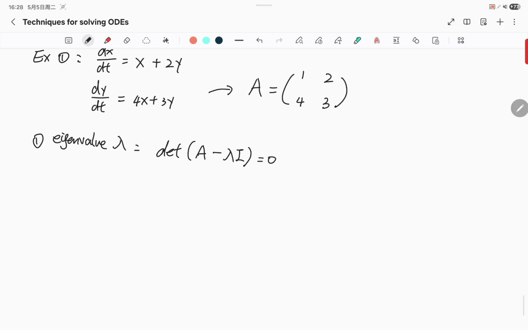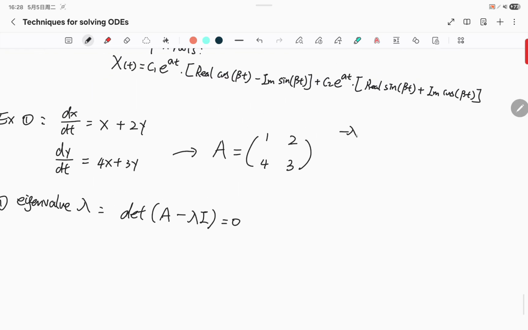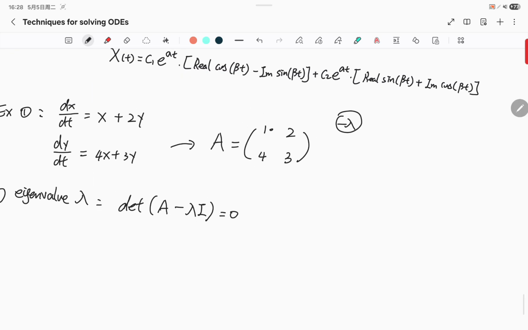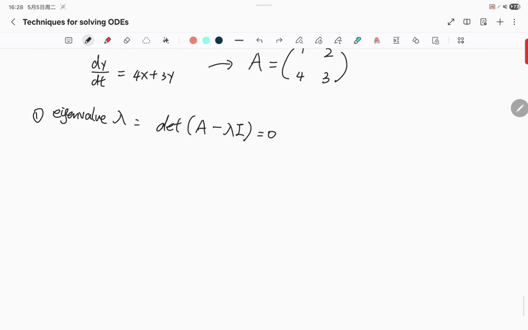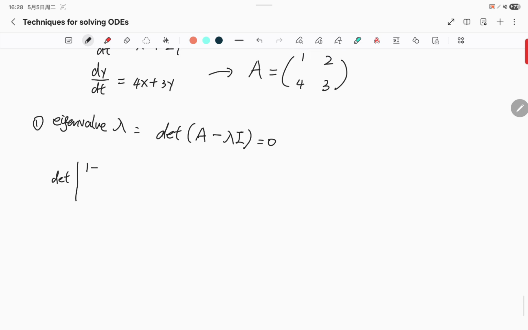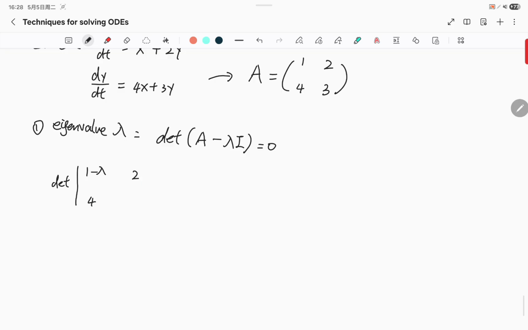So what is A minus lambda I? It's simply that we put a minus lambda on the diagonal. That's it. So let's look at it. We have the determinant of 1 minus lambda, just the diagonal, so 2 doesn't change, 4 doesn't change, 3 minus lambda, set equal to 0.